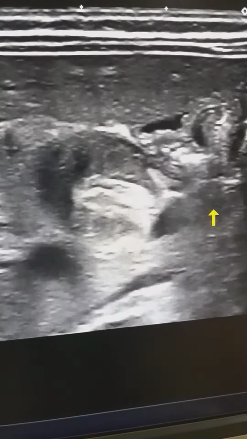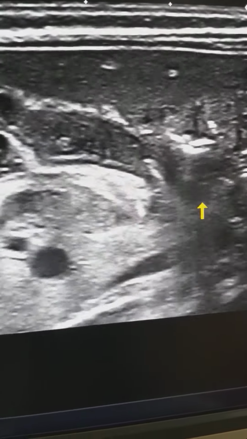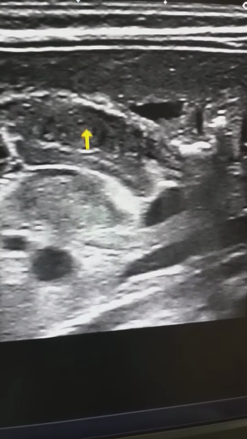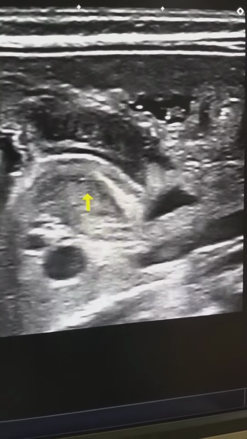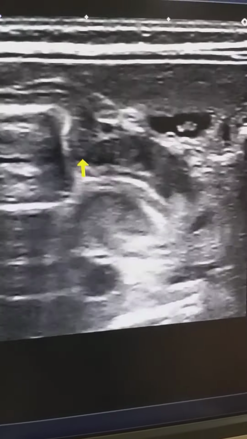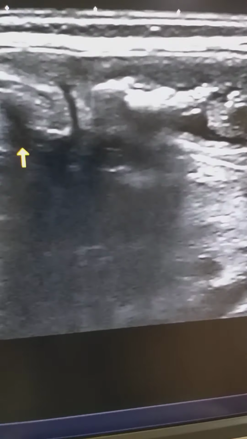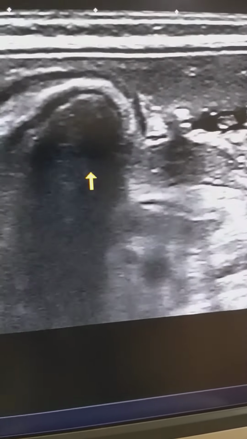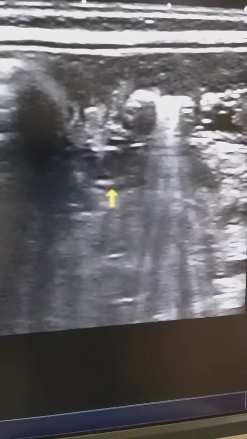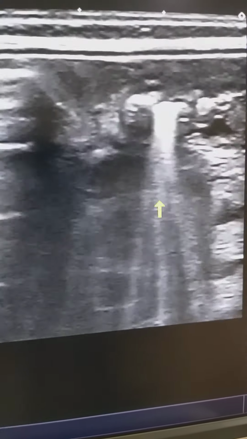Now I am trying to take it in the longitudinal, oblique longitudinal. Here you can see that this is the anterior wall of the pylorus, this is the posterior wall of the pylorus, and this is the antrum. So you can see that the fluid from the antrum is not going through this narrow lumen.